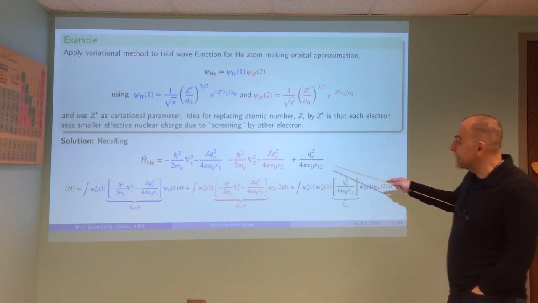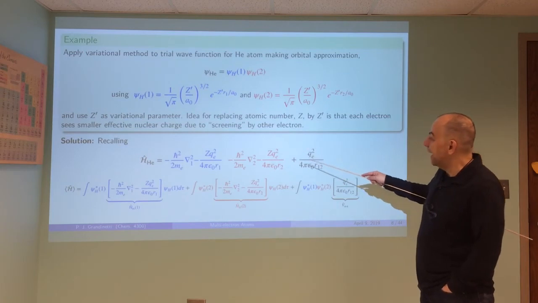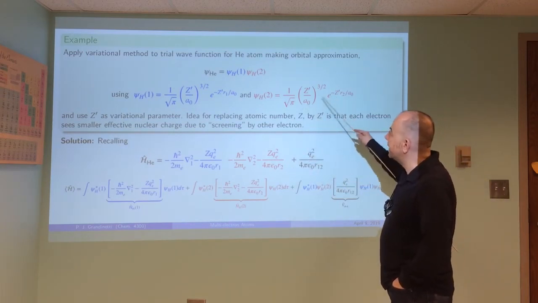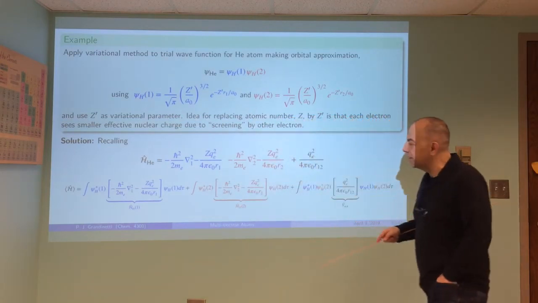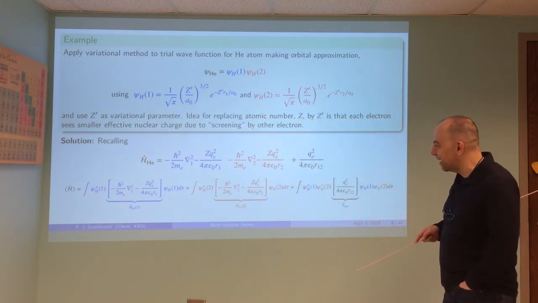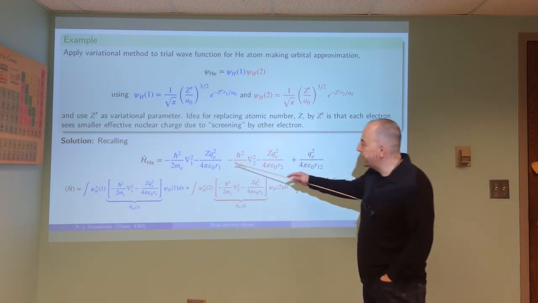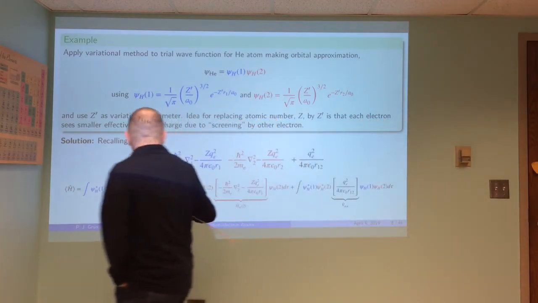So I'm going to take this Hamiltonian, and right now I'm not going to use these explicitly. I'm going to leave them in this form of just psi h1, psi h2, so that we can keep this all on one slide. And I'm going to put down the integral that I need to do for the energy.